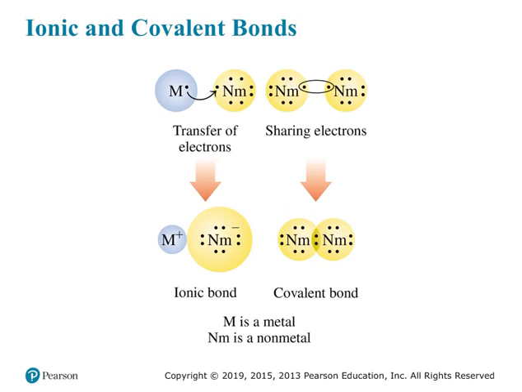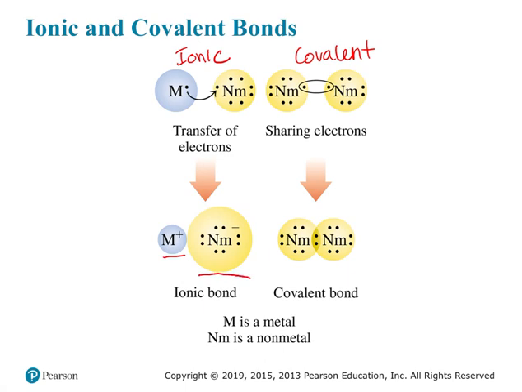And here's a diagram showing both types of bonds. So we have an ionic bond on the left and a covalent bond on the right. If we just look at the ionic bond, M stands for metal, and NM stands for nonmetal. So the metal is giving an electron over to the nonmetal, and when that happens, the metal becomes positively charged, and the nonmetal becomes negatively charged.